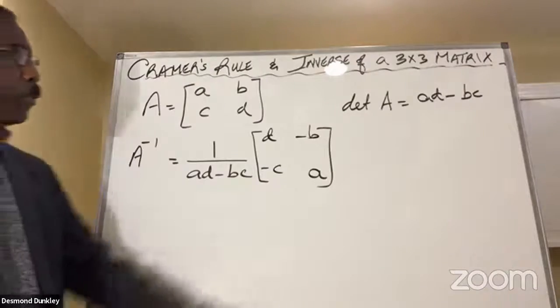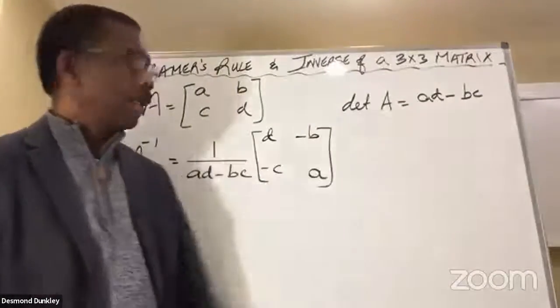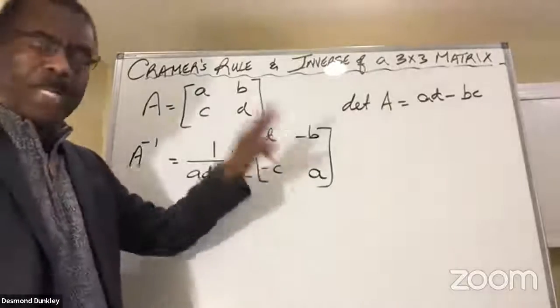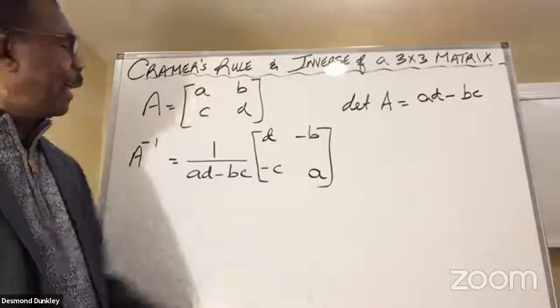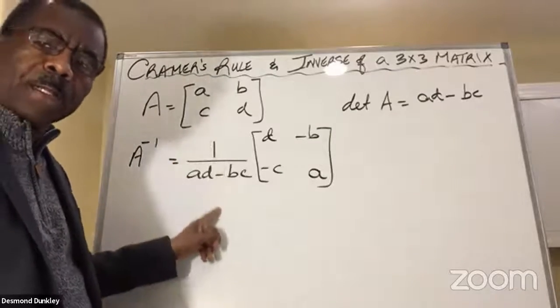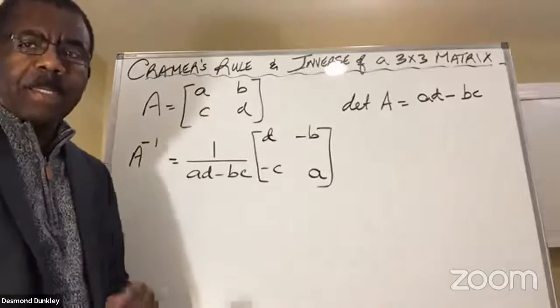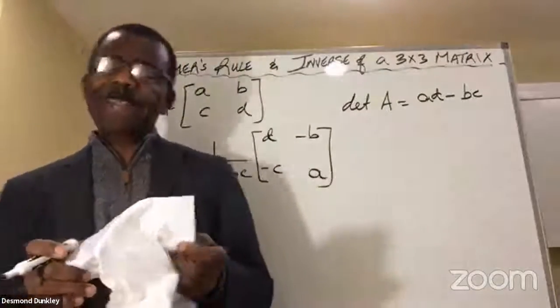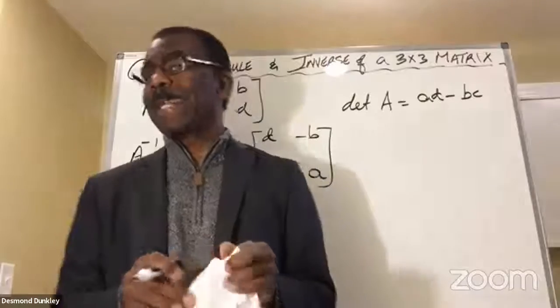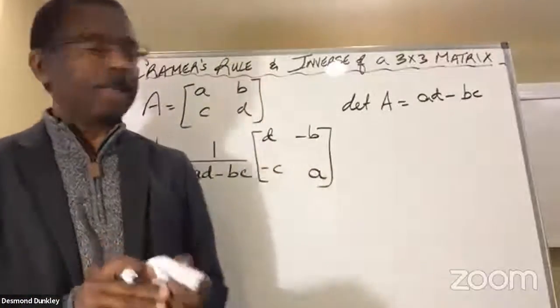Okay? So it's basically 3 steps. Find the determinant, do a little juggle inside the matrix, and then finally multiply by the reciprocal of the determinant. And that's it. Unfortunately, finding the inverse of a 3x3 is not as straightforward.